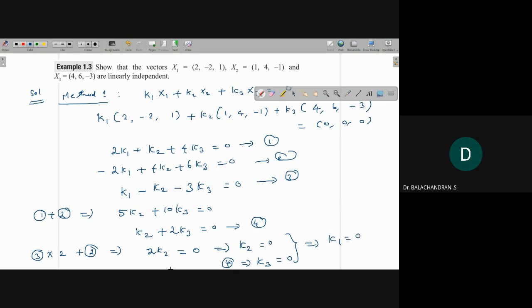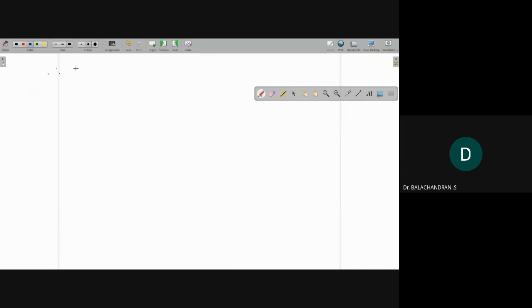Therefore the vectors x1, x2, x3 are linearly independent.